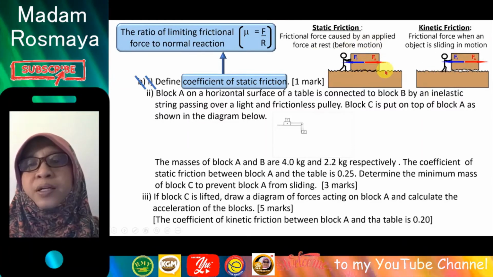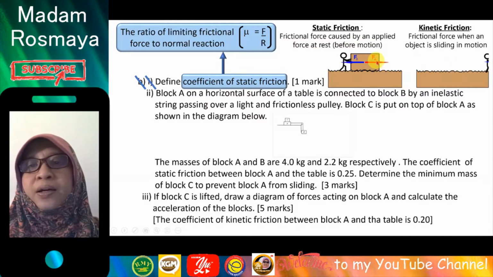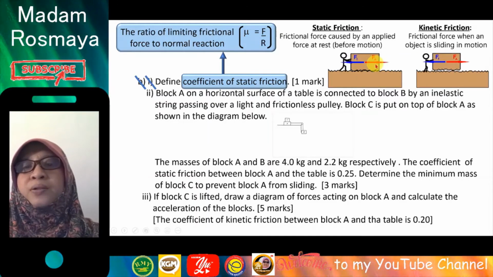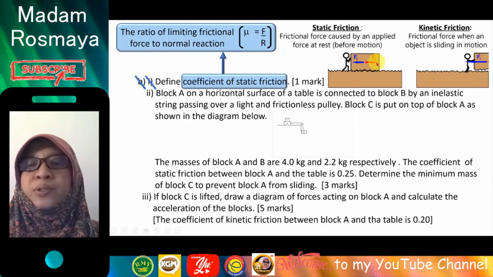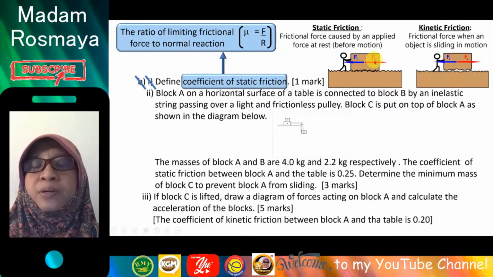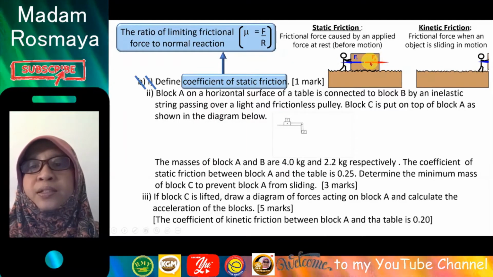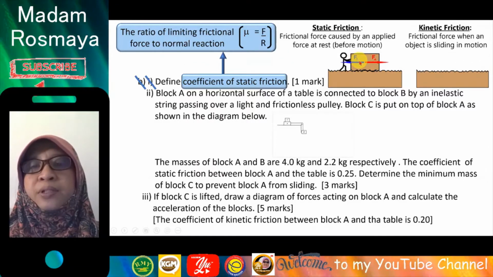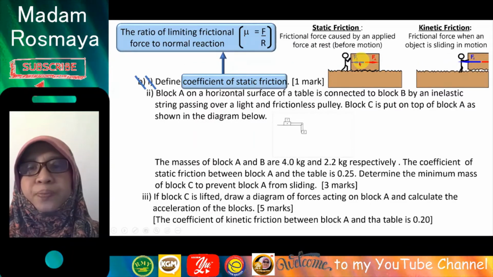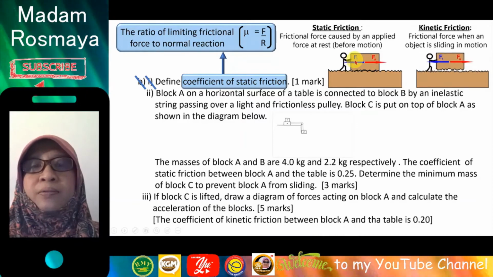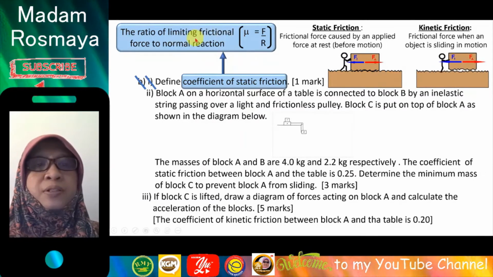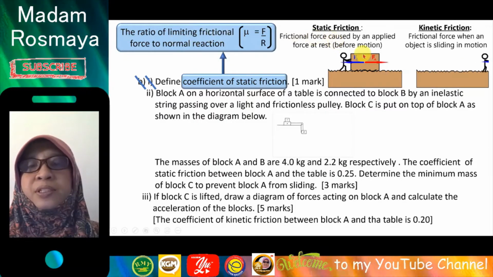For the block here, the static friction is directly proportional to the applied force. So as the applied force increases, the static friction also increases until it reaches the value of the limiting frictional force, the maximum static friction.